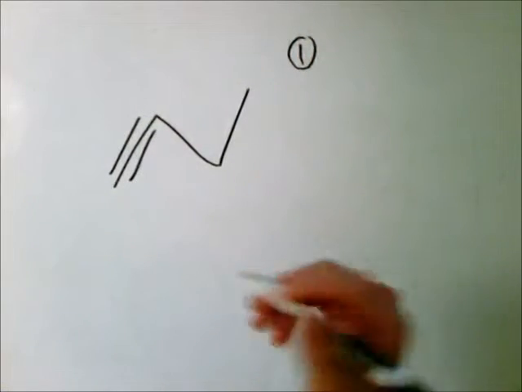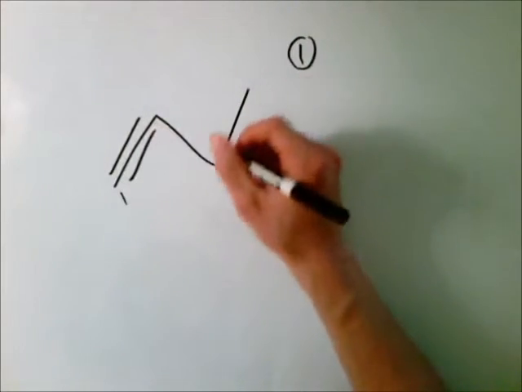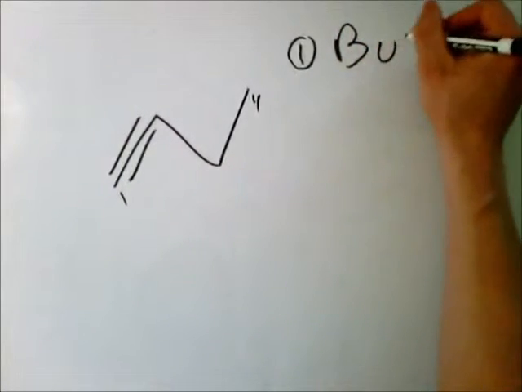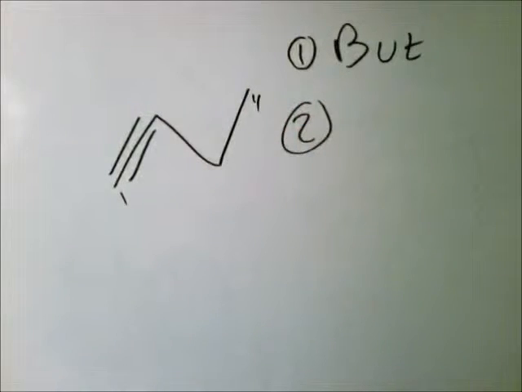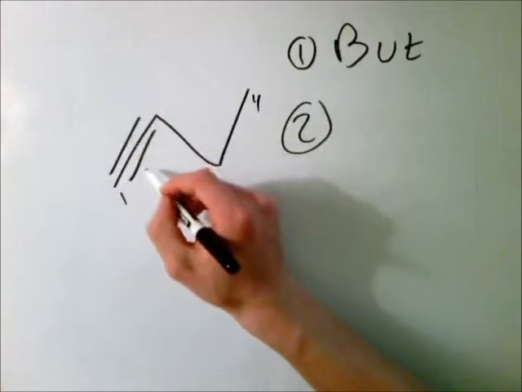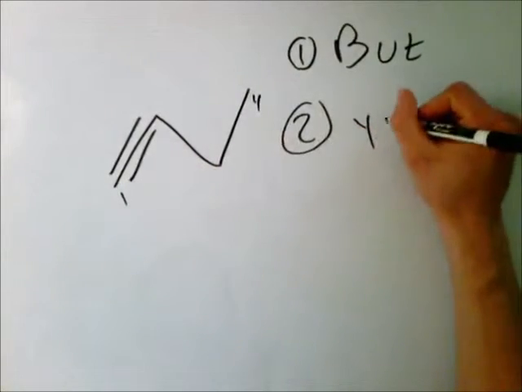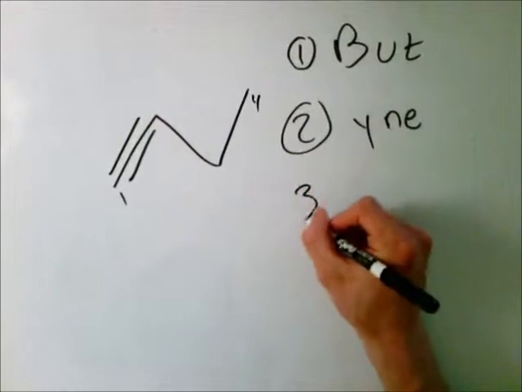So 1, parent name. How many carbons are in the carbon chain? 1, 2, 3, 4. So our parent name is going to be but. 2, what kind of compound is it? What suffix are we going to attach to but? Well, we see here there's a triple bond, and triple bonds are alkynes, with the -yne being the suffix.